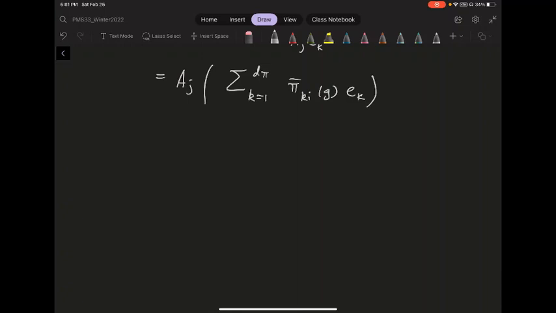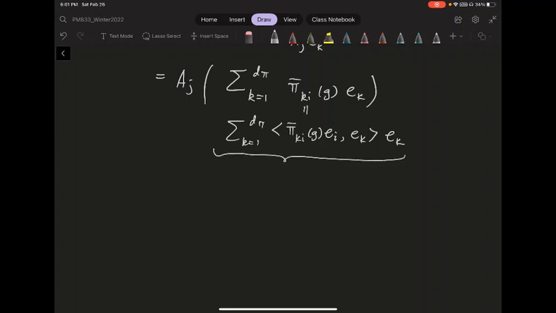Well, pi bar ki, by definition, is equal to the inner product of pi bar of g evaluated first on ei, and then you take the inner product with ek, and then you apply ek again, with k going from 1 to d pi. And if you look closely enough, this summation is essentially just equal to pi bar of g applied to ei.